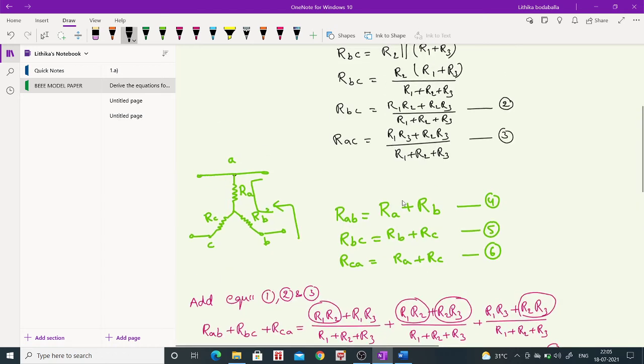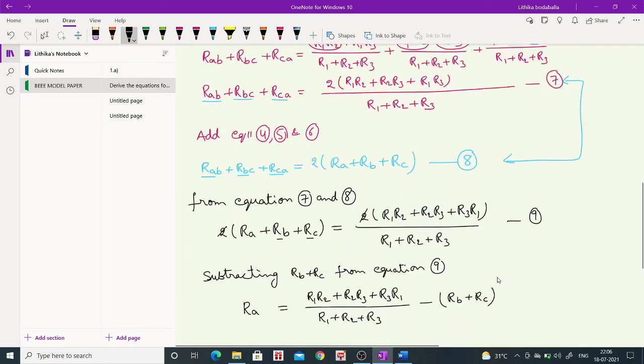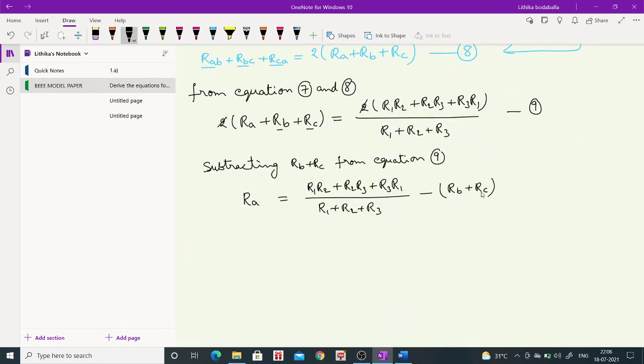So in place of RBC, I can write this in terms of R1 R2, as RBC is equal to R1 R2 plus R2 R3 by R1 plus R2 plus R3. So let me rewrite this.